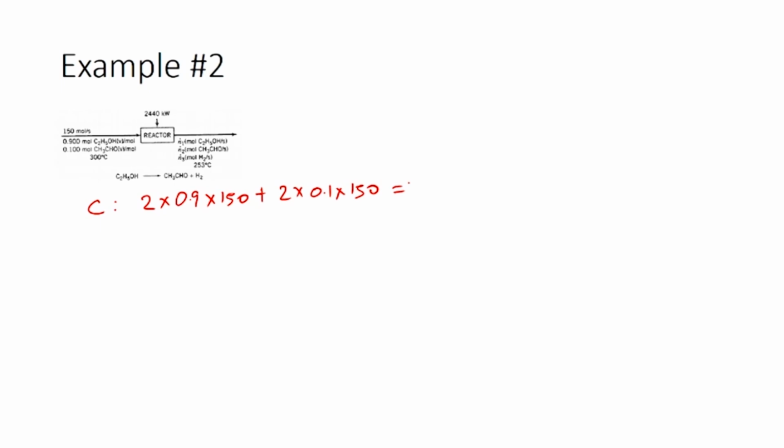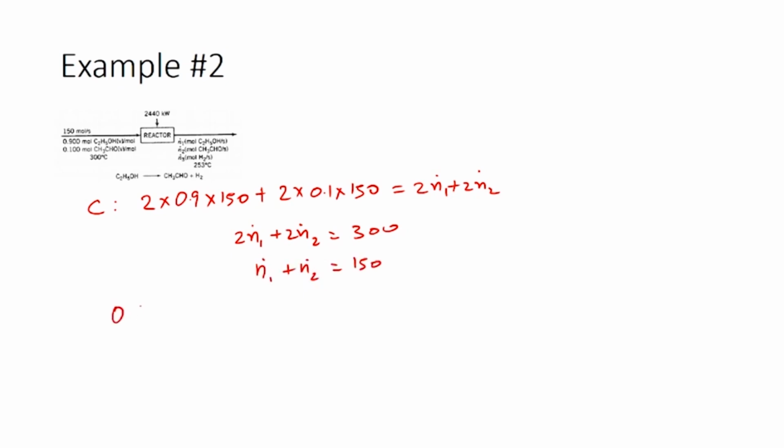Now let us see what the output equation would be. Output would be 2n1 dot plus 2n2 dot. So, we are left with 2n1 dot plus 2n2 dot equals 300, and the equation simplifies to n1 dot plus n2 dot equals 150.